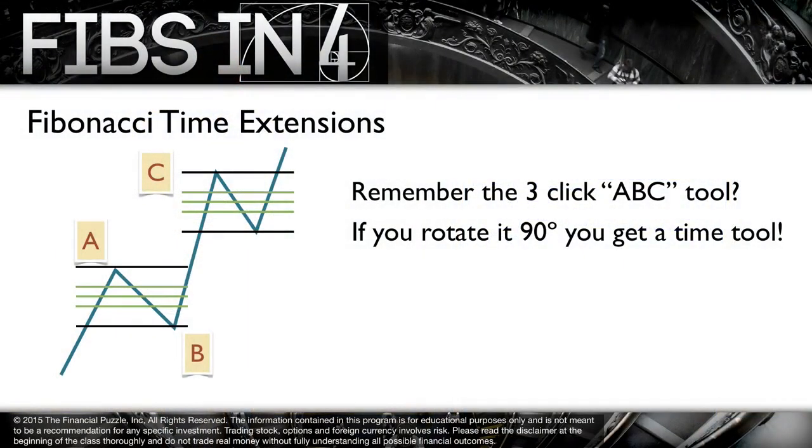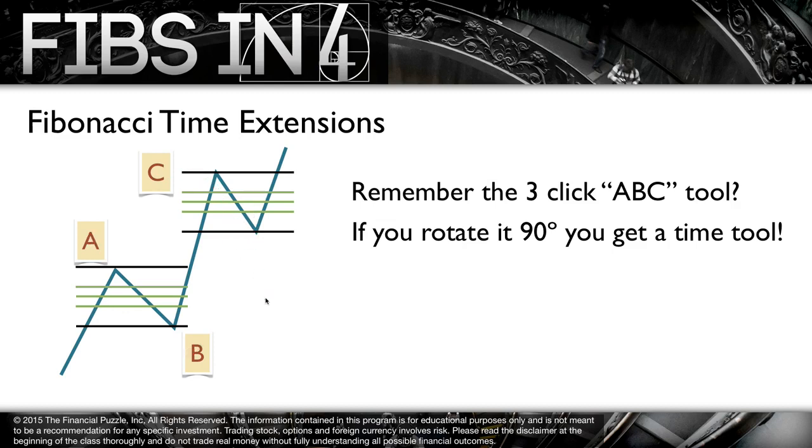So, starting off with Fibonacci time extensions, do you remember that little ABC tool that we use? I call it the 3-click or the ABC tool. Well, if you could imagine that tool where you click on A, then B, and click C, and you project it on down.